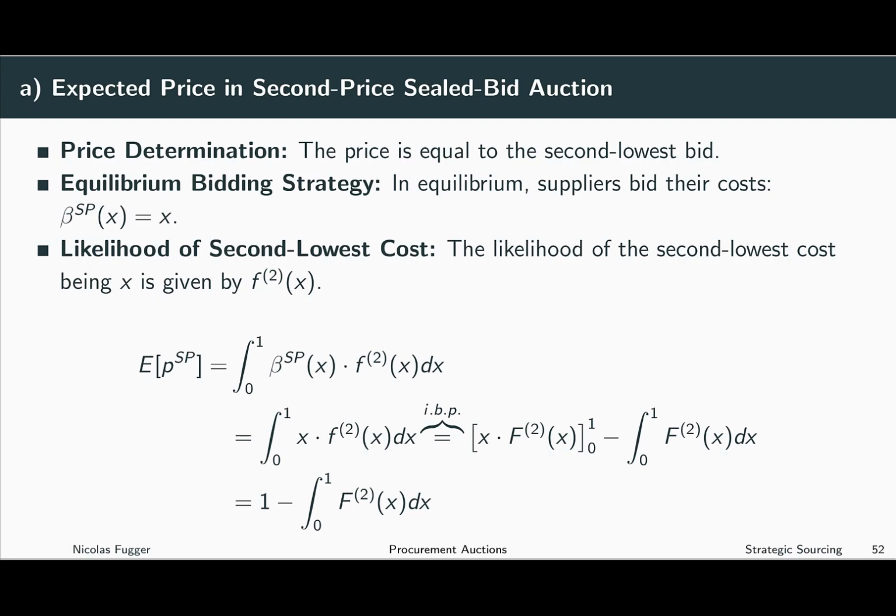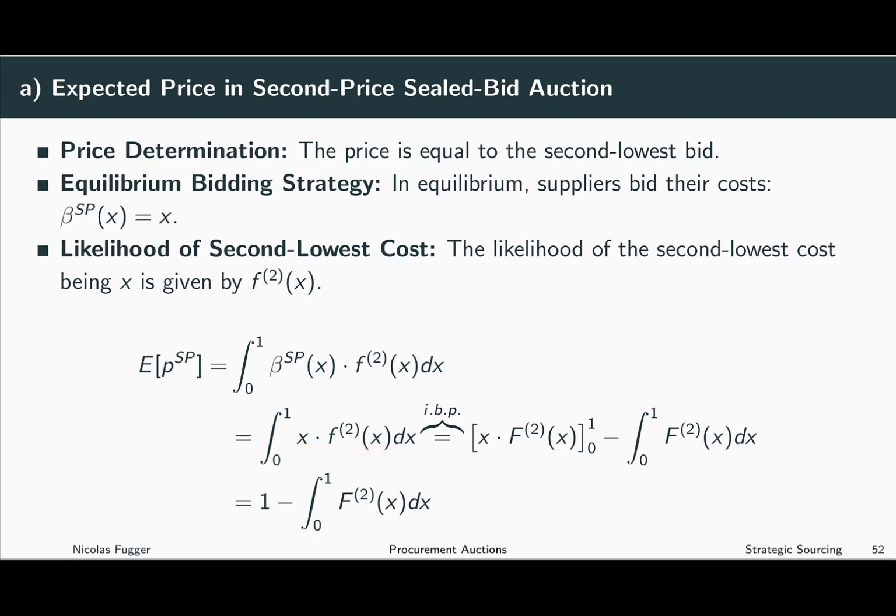In the next step, we use that in equilibrium, the bid is equal to the cost. That means we can use this identity.